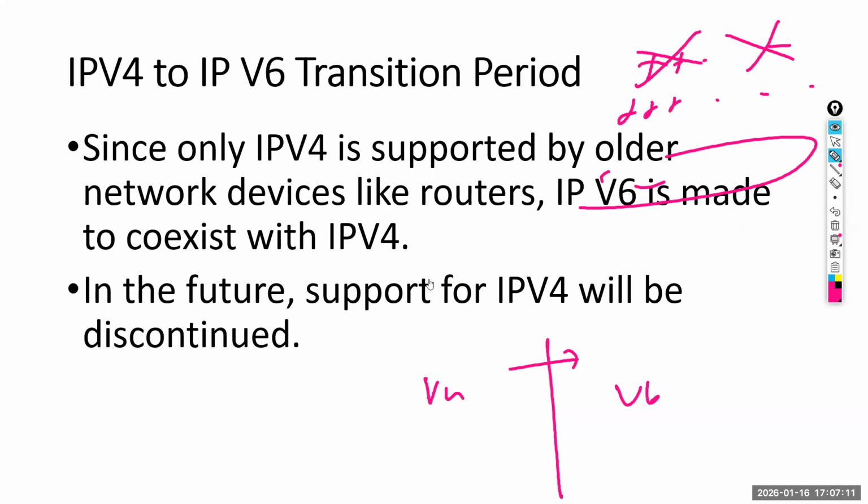Same thing, you can't say no V4 addresses are supported, because there are plenty of routers and other devices manufactured 5, 10, even 15 years ago. At that time, there was nothing called V6. So those routers are not aware of V6 addresses. These routers are made to route using V4 addresses.